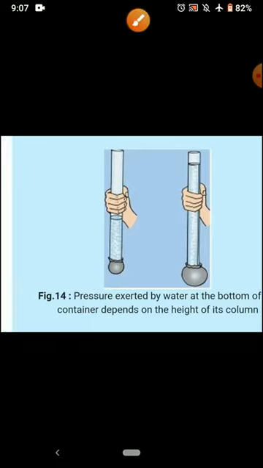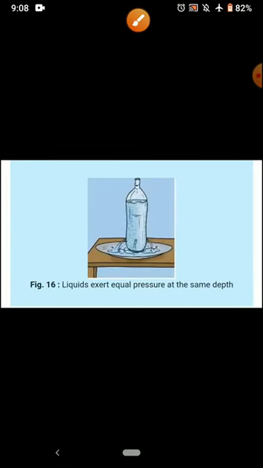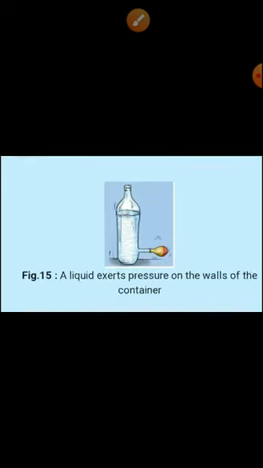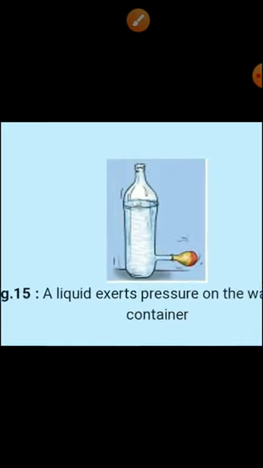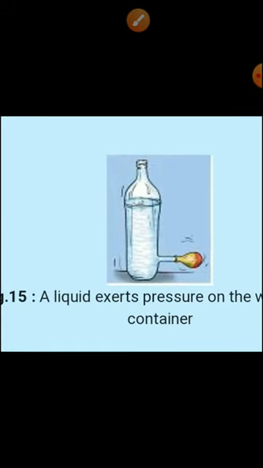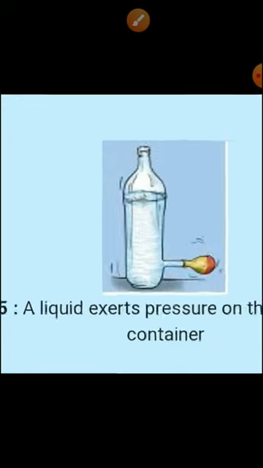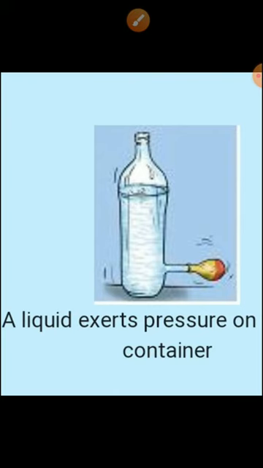So again we will do some activity, and this is activity 9.9. We have to take a plastic bottle, a transparent one. You can use a discarded bottle of soft drinks, like Coca-Cola or Pepsi, and you have to fix a cylindrical glass tube.